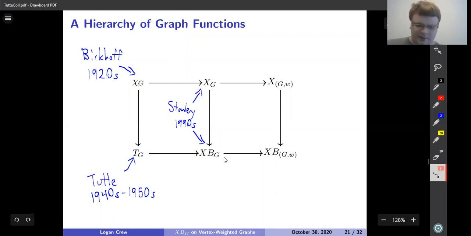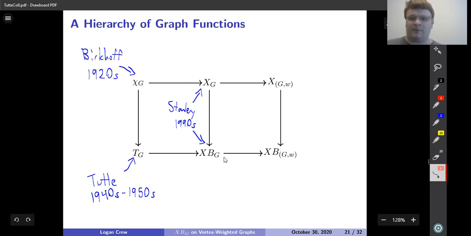And why did he do this? I'll make a brief point here, which I'm going to get to in a second, but there's a reason that symmetric functions are closely related to symmetric group representations. Stanley wanted to study immanants, which are character formulas that generalize determinants and permanents. And there's a natural way in which symmetric functions correspond to these.